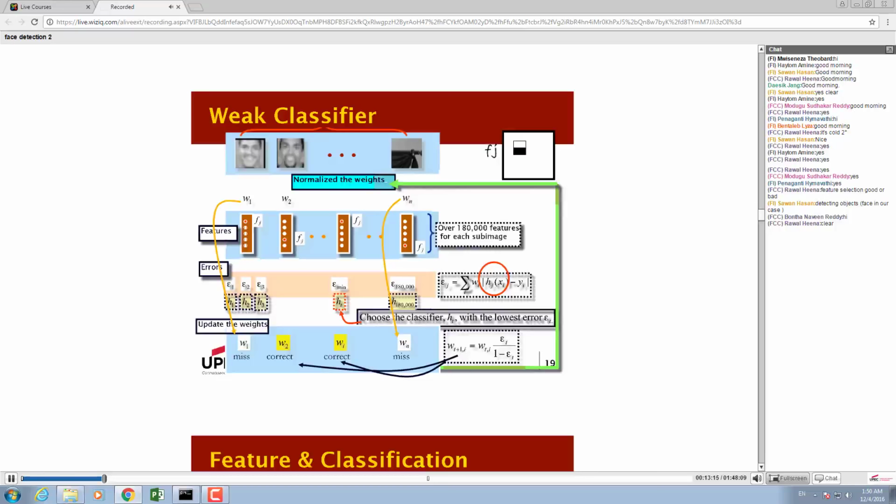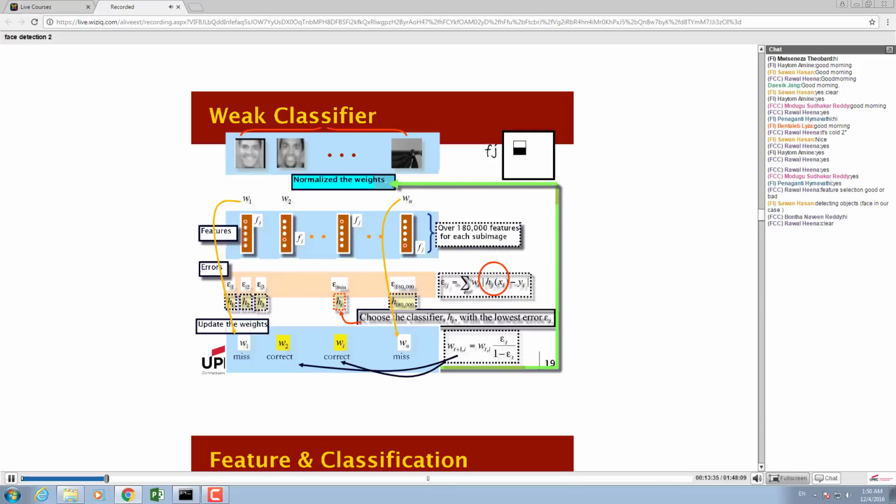We need this kind of process, and we'll study step by step every stage of this job. This diagram explains the overall process of the AdaBoost algorithm.